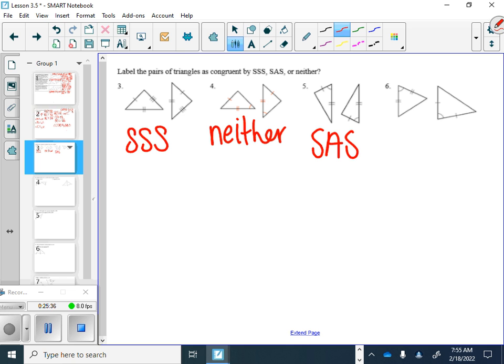Notice for number 5, I have one tick mark on one triangle, one tick mark on the other triangle. I don't have that here. I have one tick marks on one triangle, and two tick marks on the other triangle. So that's just saying that these sides are congruent to themselves, not that the triangles are congruent to each other. So number 6 is neither. Very good.